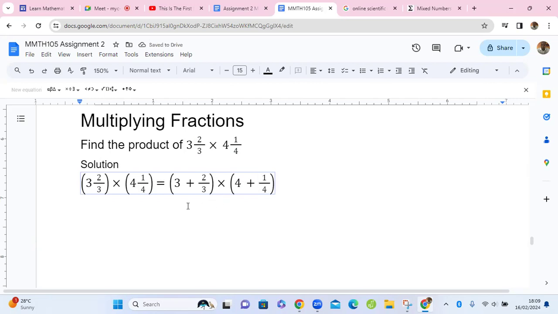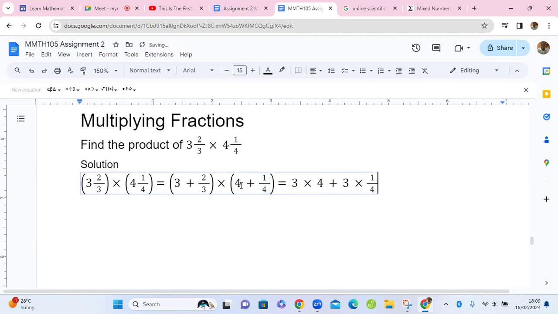So now you have to multiply 3 by 4 and 3 by 1/4, 2/3 by 4 and 2/3 by 1/4. You can see how this explodes rapidly. So you're going to have 3 times 4. I'm not going to put 12. I'm just going to show you 3 times 4 plus the 3 times 1/4, times that quarter there.